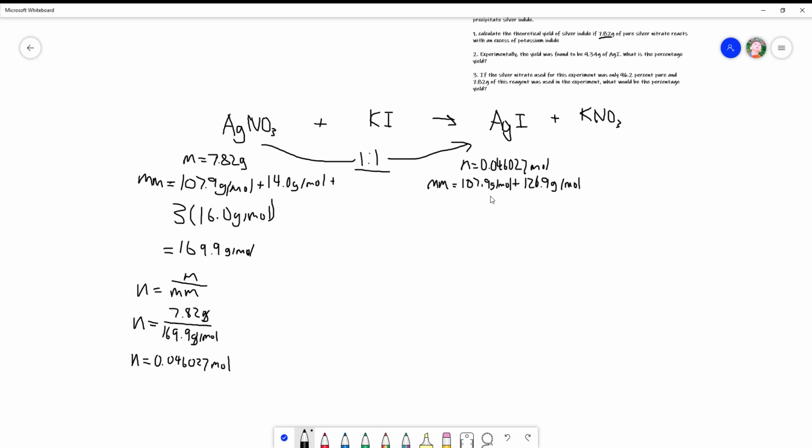And if you add these two together, you get a molar mass of 234.8 grams per mole.